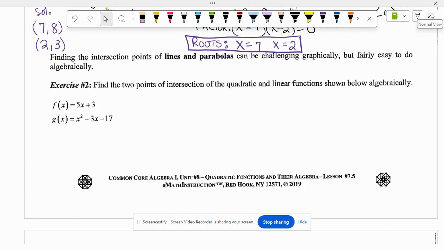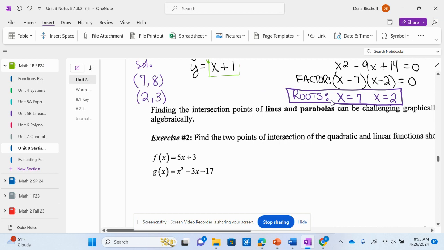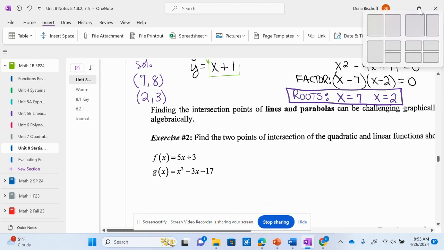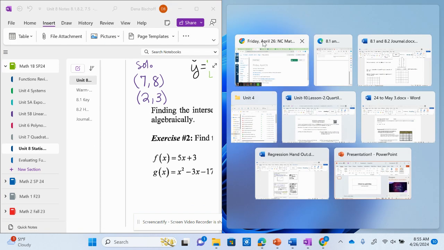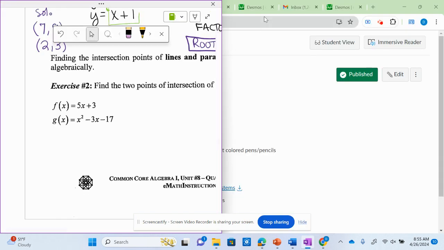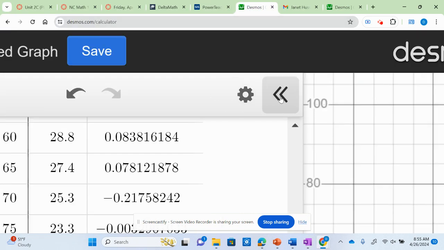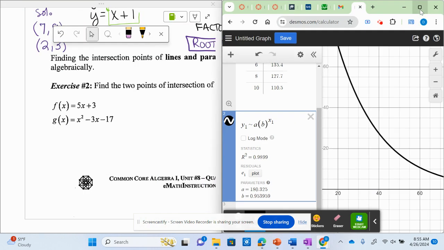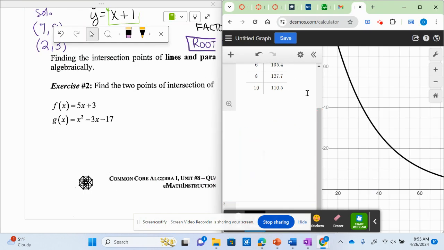So I want you guys to put this equation into Desmos. You have two of them. You're going to have a linear function and a quadratic function that you type into Desmos. Yeah, put both of them in, because you want two equations on the graph so you can find out where they intersect.